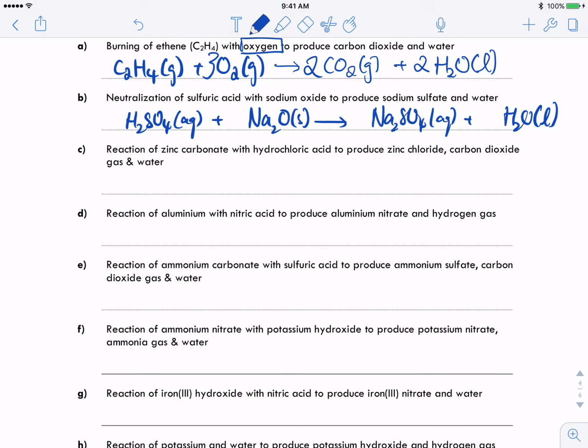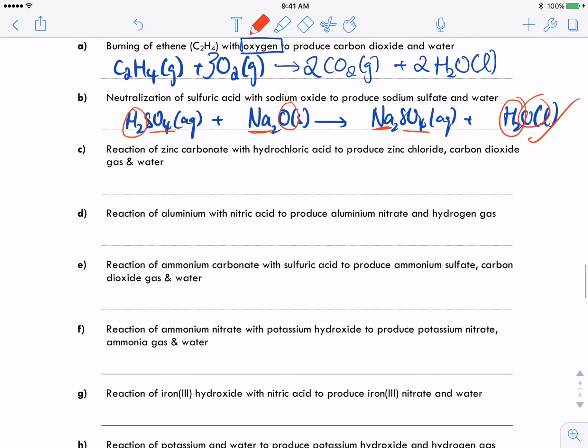Okay, let's try balancing. Sulfate by sulfate is balanced. Sodium, there's 2 here, sodium, there's 2 there. Okay, hydrogen, there's 2 here, hydrogen 2 here, oxygen, oxygen.